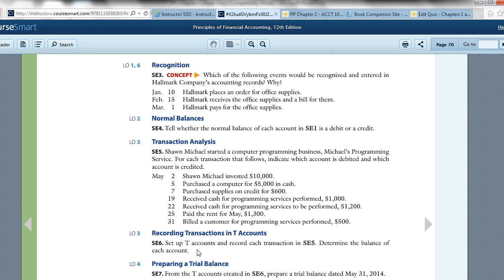Next, May 31st, we billed a customer for programming services performed. We billed them. What is debited? Accounts receivable. We billed them and we sent them an invoice. We haven't received the money yet, but accounts receivable means we sent them a bill.